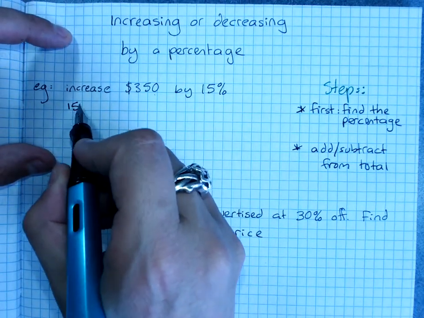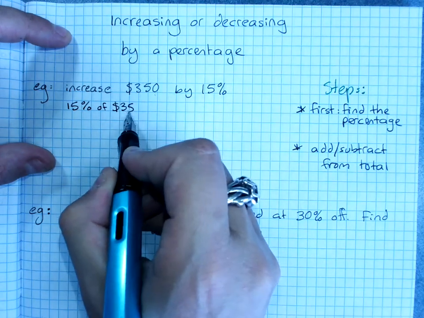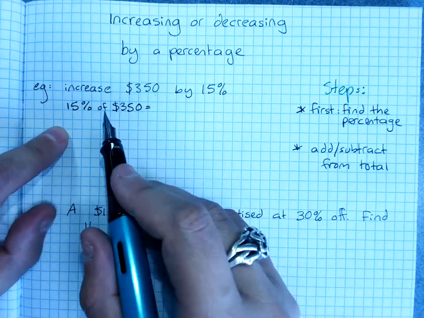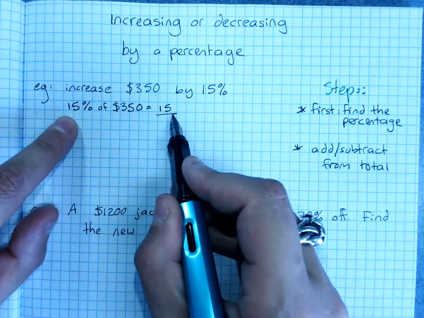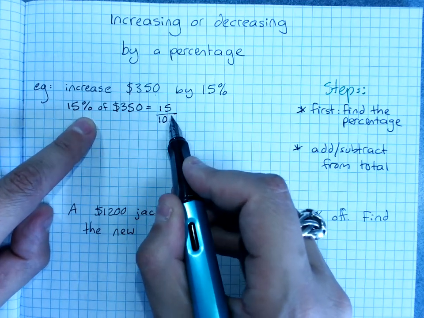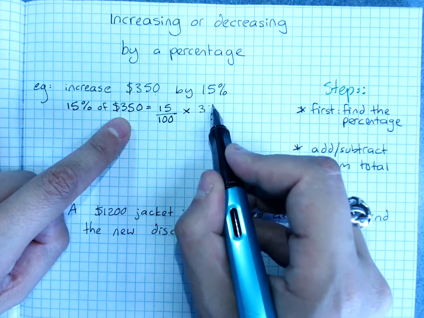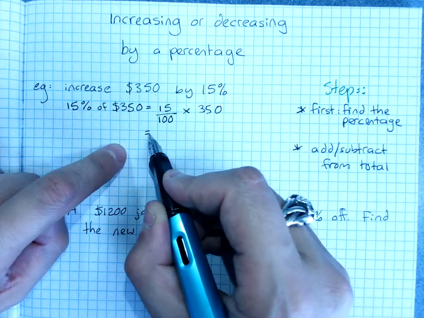So you'll remember we always write that out, 15% of 350, because writing it out in this way supports us to get the correct mathematics, because we write 15% as a fraction and the percentage becomes 100. Of in maths is always times 350, we don't normally need to put the dollar units in our working.